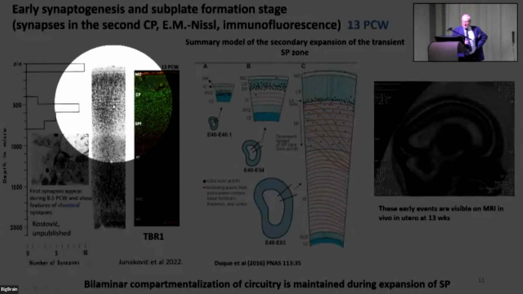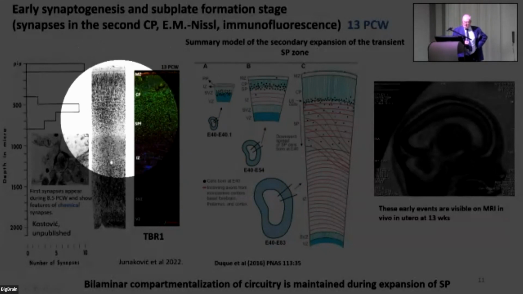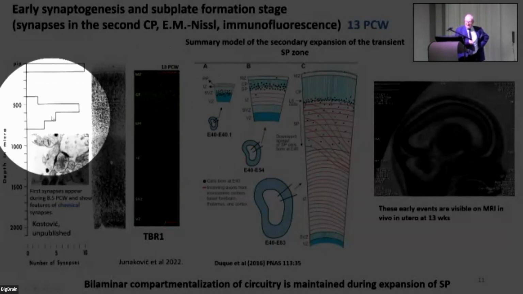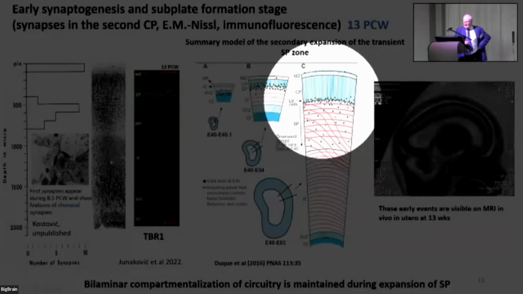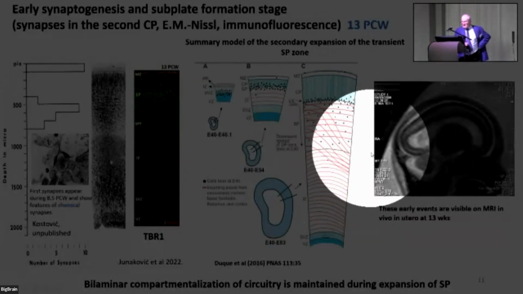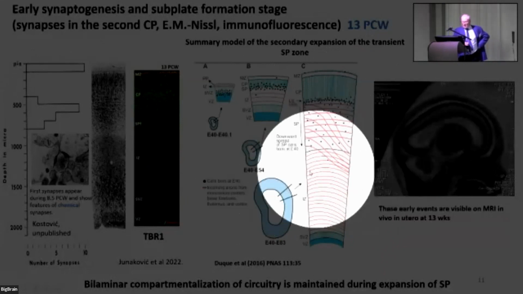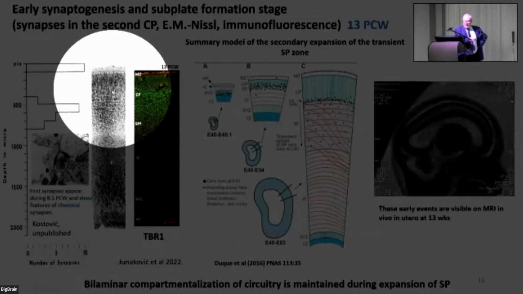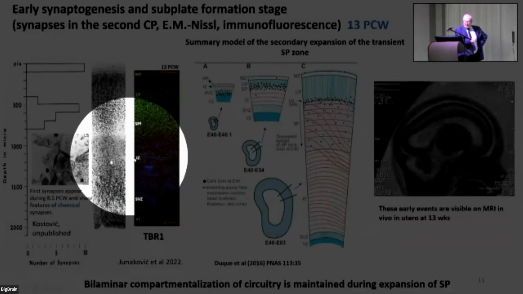Here is 1 micron section. You see, even on such a thin plastic section, you see this spread down, and here are the synapses. So despite this enormous spread down of subplate, expansion of subplate, which is characteristic for human, still the synapses are in 1 layer above, and now in subplate below.